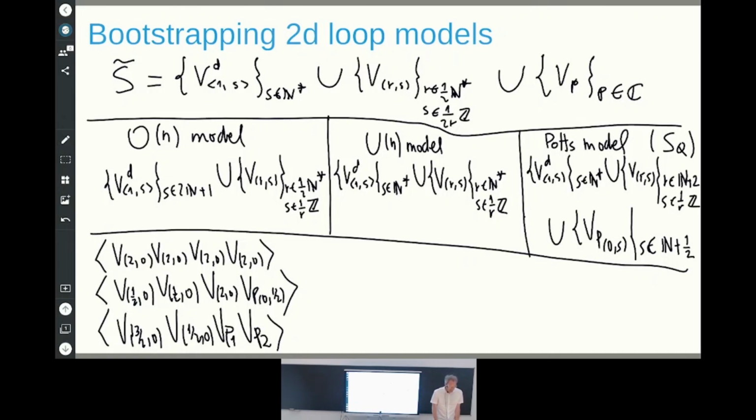Thank you, Francesco. Good morning, everyone. I'll first start with reminders, of course. Reminders from the CFT, from the Bootstrap approach, before trying to make a link with the statistical definition of these loop models.